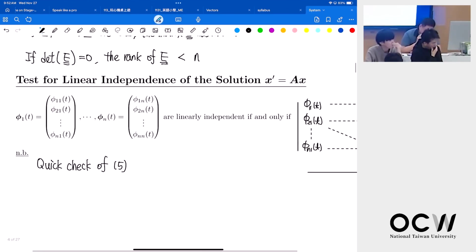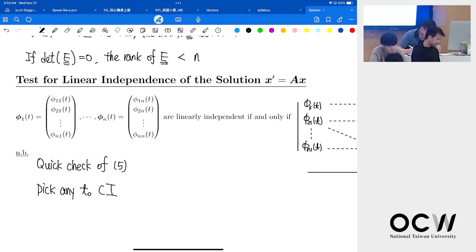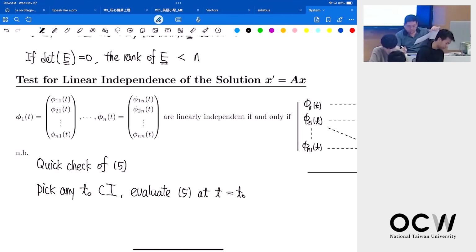We can pick any number of time. Say we can pick any t naught, and this t naught is in the open interval. And then we can evaluate this determinant at t equals t naught.